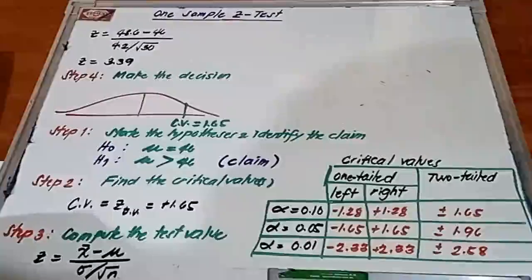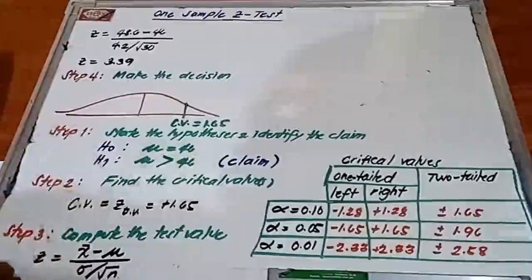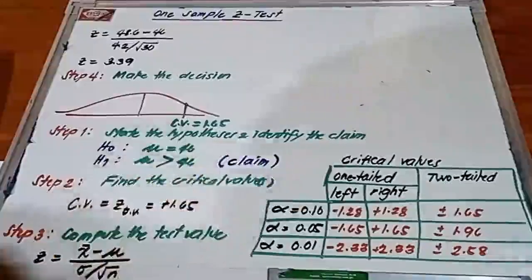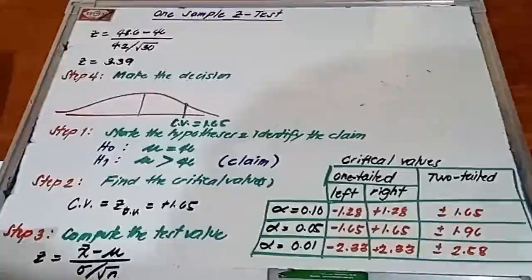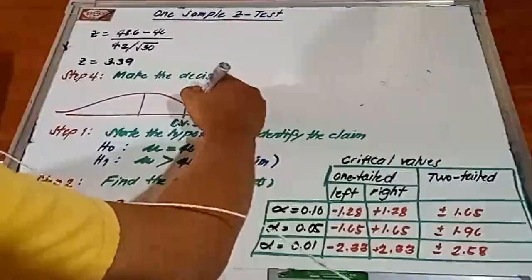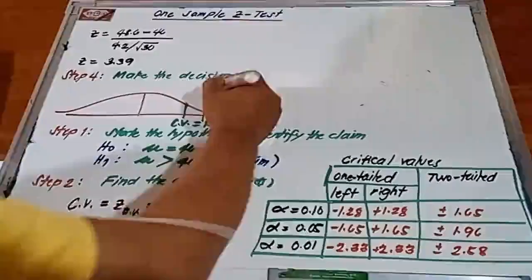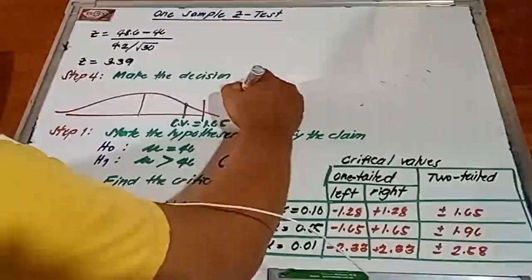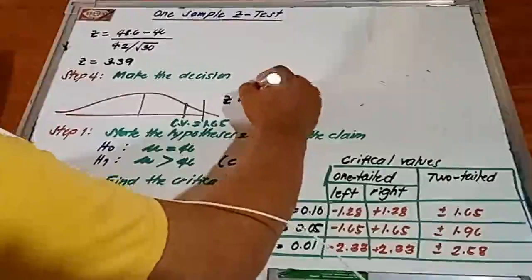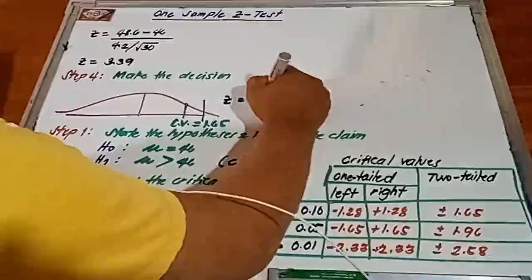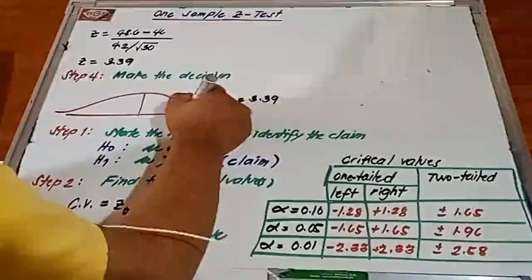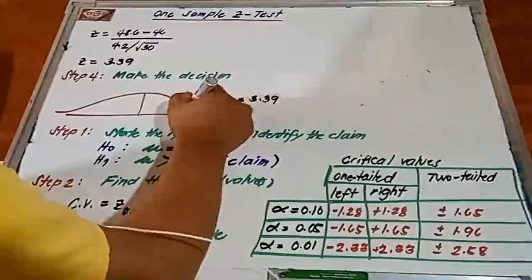And then, yung ating computed z-value is 3.39. So, nasa kanan pa ni 1.65. Somewhere here. Okay. So, ito si computed z-value. We have here 3.39. So, ito yung area na kailangan nating i-reject si null.